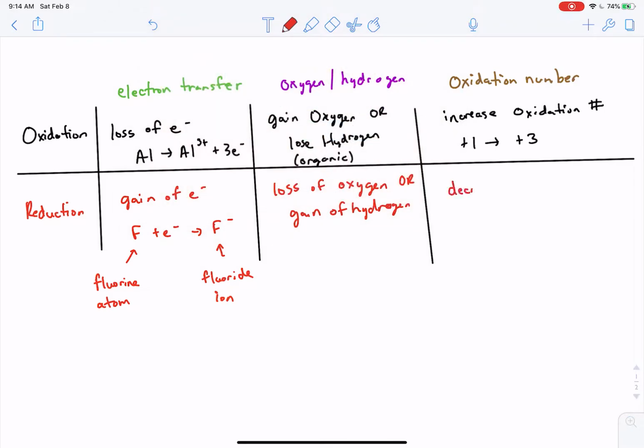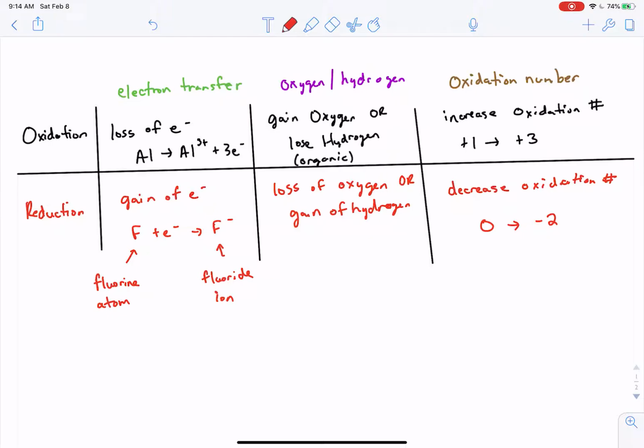And a decrease in oxidation number, like from 0 to -2, would be a reduction. So, those are the three different definitions that you need to be familiar with.